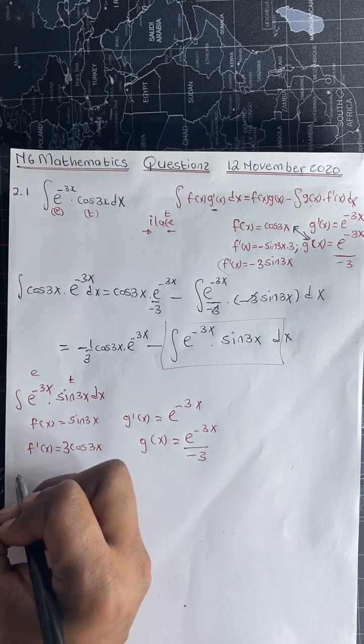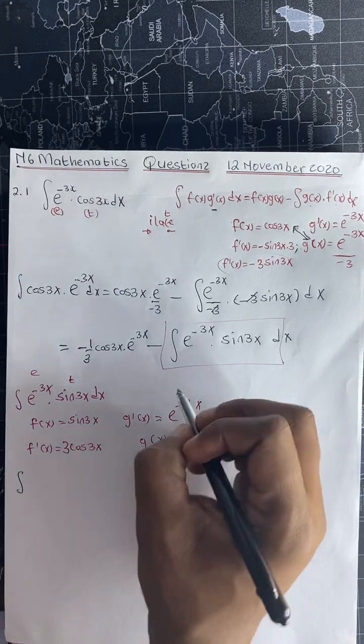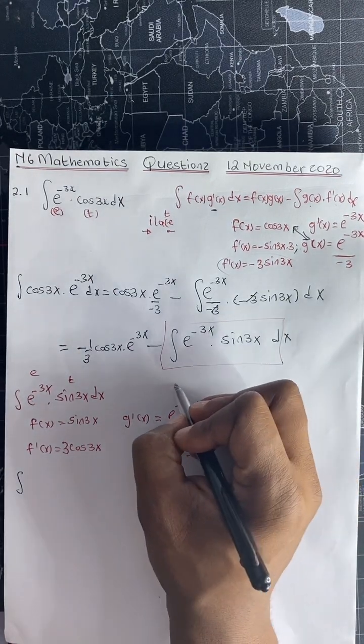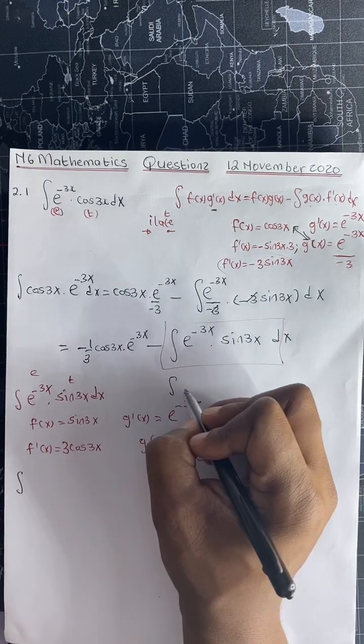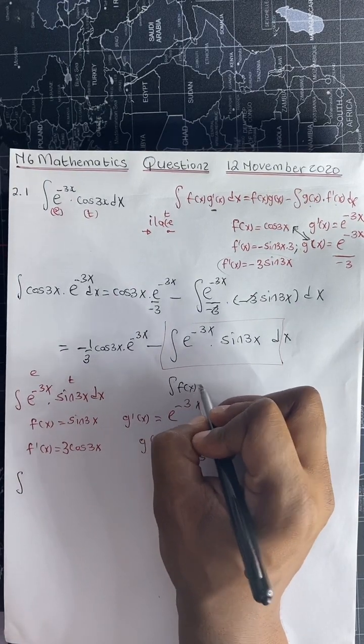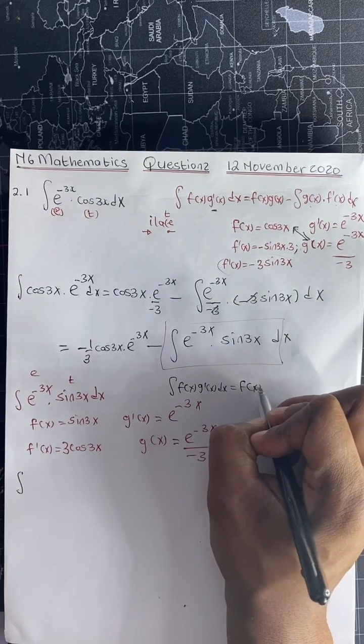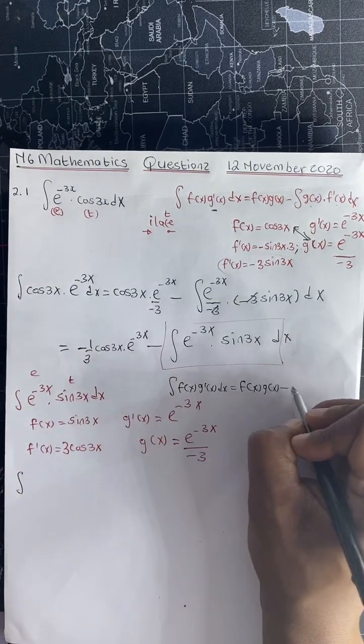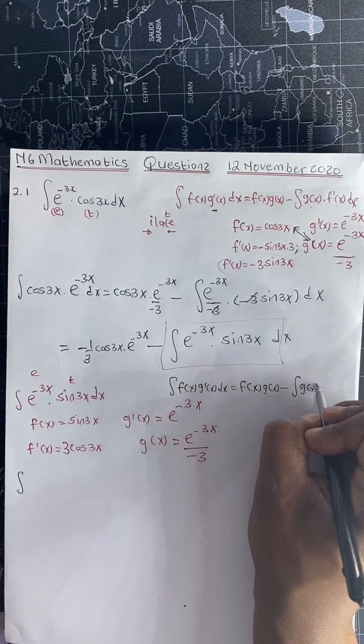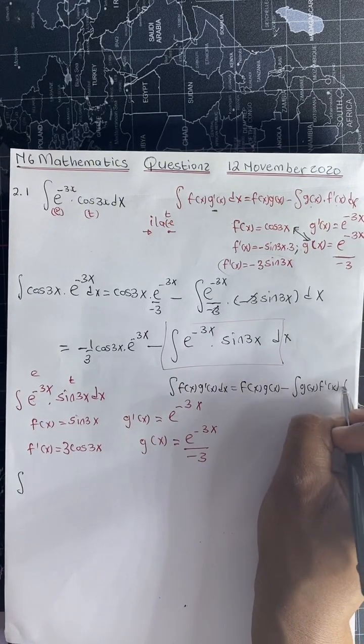From here, we substitute. The integral of f of x g prime of x dx is equal to f of x g of x minus the integral of g of x f prime of x dx.